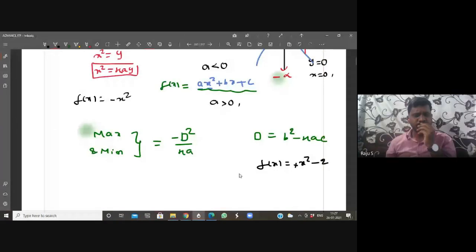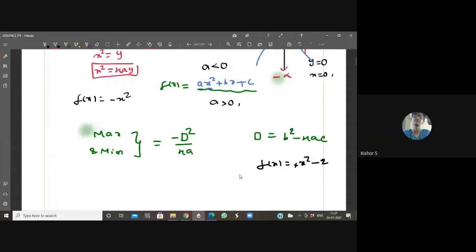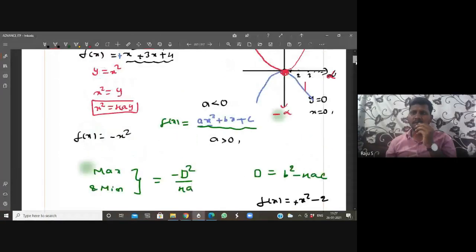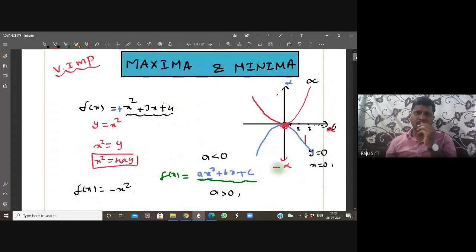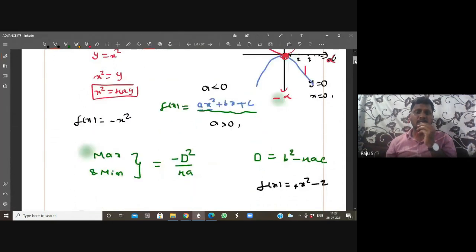Can you explain the maxima and minima concept again? Yeah, see, maxima and minima concept: to find the maximum value or minimum value of the given function, there are 2 or 3 methods.